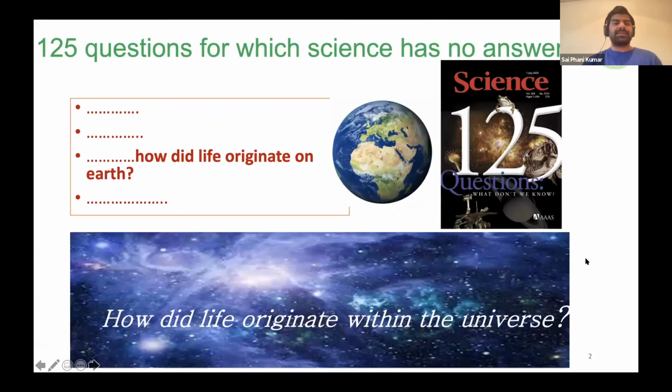Also in 2005, it was published in Science journal that there are 125 questions for which science has no answers. So the first and foremost question is, how did life originate on this earth? This is a very fascinating and very challenging question to take up for further research.